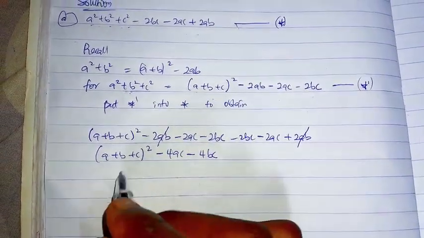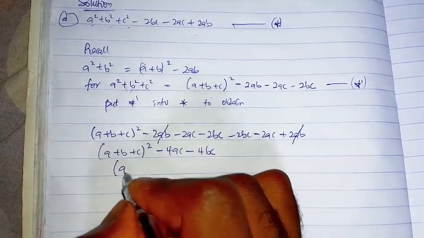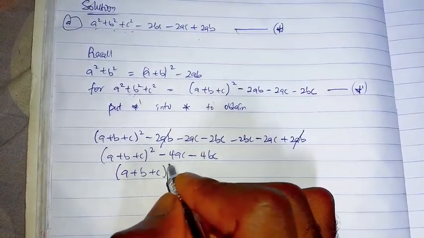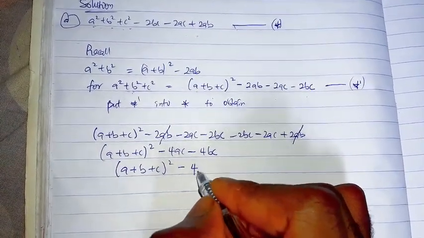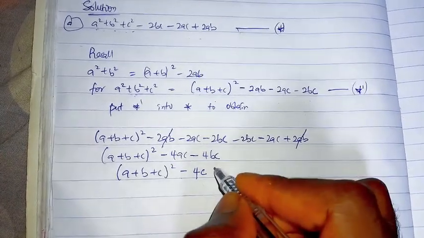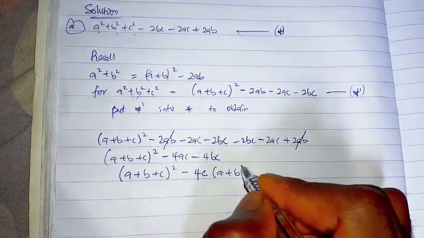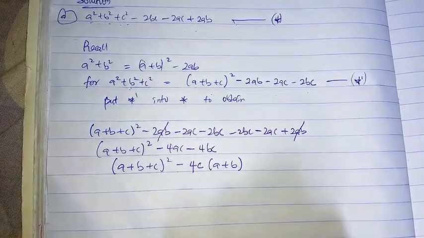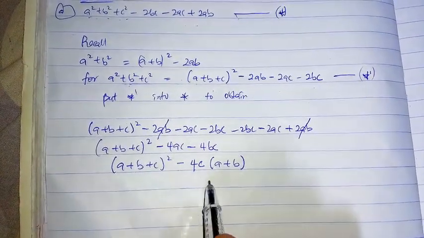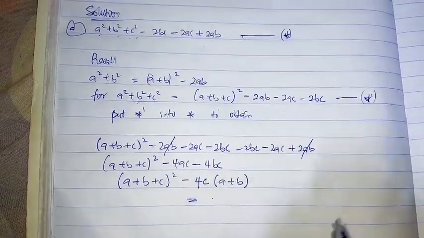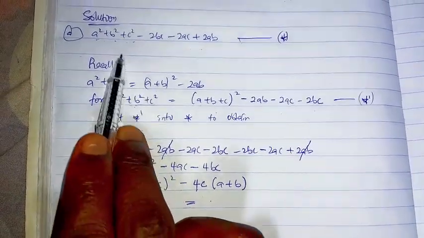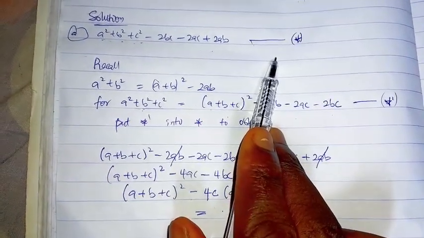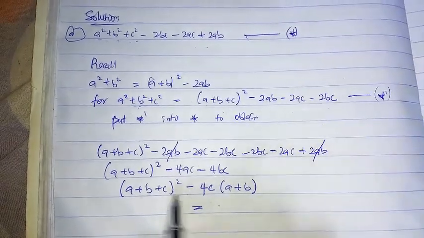Now from here, let's factorize finally to have a plus b plus c all squared minus 4c into a plus b. So this is the factorized form of this expression for A question. As simple as that. This is factorized.